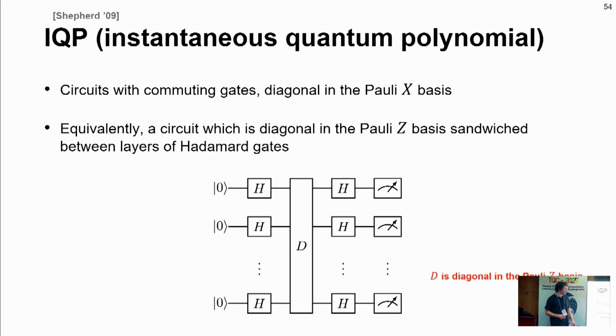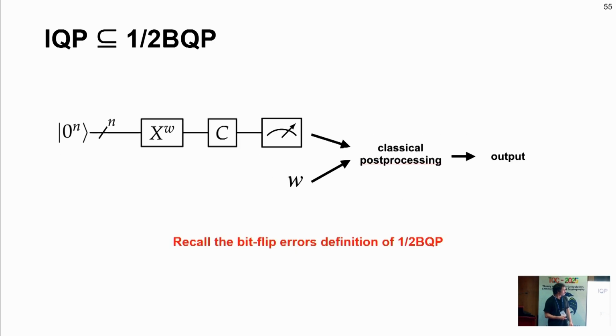What's IQP? IQP is instantaneous quantum polynomial time, and it's circuits with commuting gates which are diagonal in the X basis. You can also write it as a layer of Hadamard gates, a diagonal unitary, and a layer of Hadamard gates, and we're going to adopt that definition just for the sake of instruction.